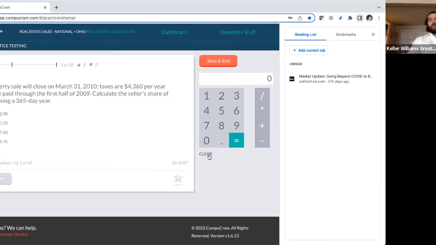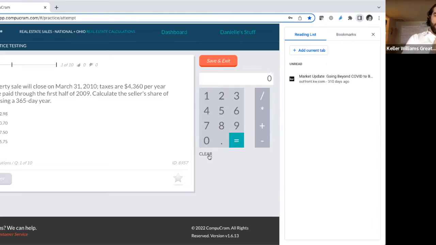Most people are particularly intimidated by these questions because of the math associated with them. But what I really want to encourage you to do is pay very close and strict attention to the words. So the taxes are paid through the first half of 2009, which means they are not paid in the back half of 2009.